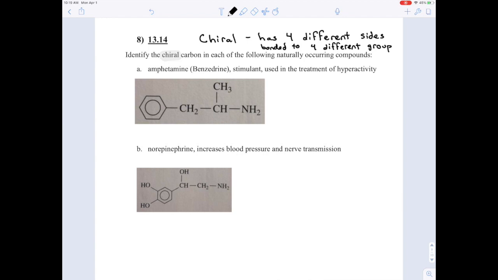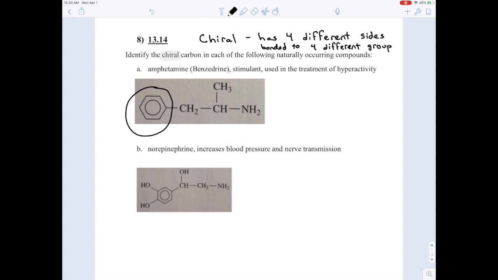Now, let's go through these molecules. We're going to go one carbon at a time and look for carbons that are chiral, that are bonded to 4 different things. In this first molecule, amphetamine, which is a stimulant and is used to treat ADHD, we'll only look at the carbons whose C's are drawn, so don't worry about this ring.